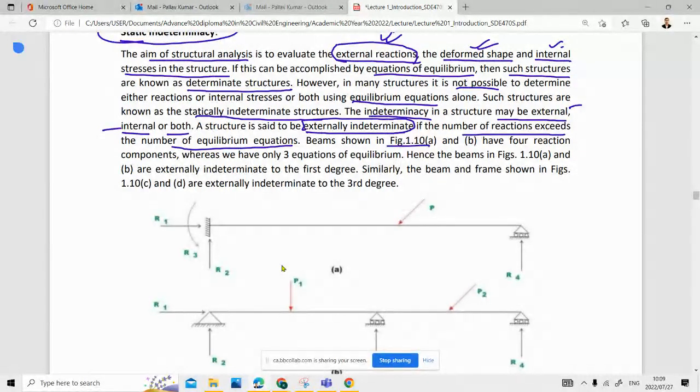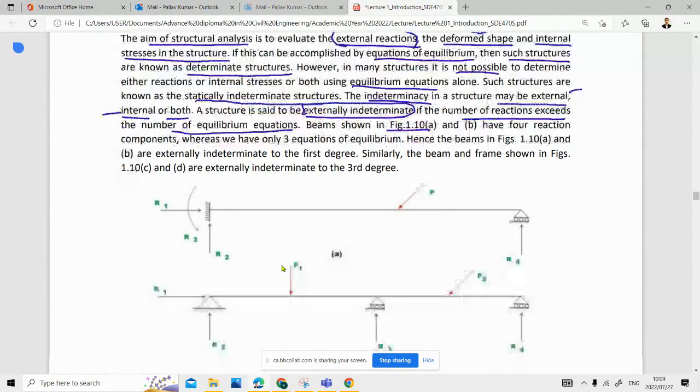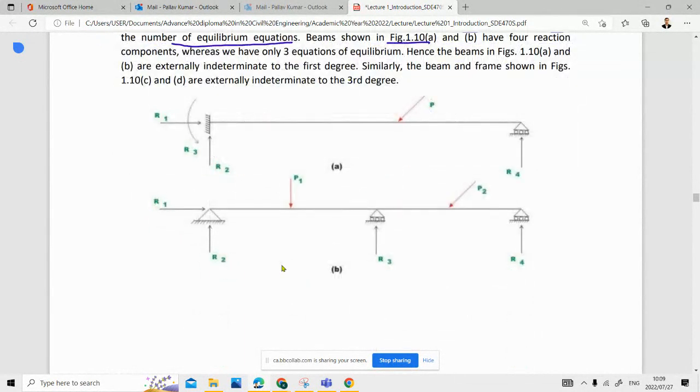If you see the example below, it has four reactions. This support is fixed, right? So you have an axial reaction 1, a vertical 2, a rotation 3, and this is a roller, so you have one vertical. Altogether you have 4.